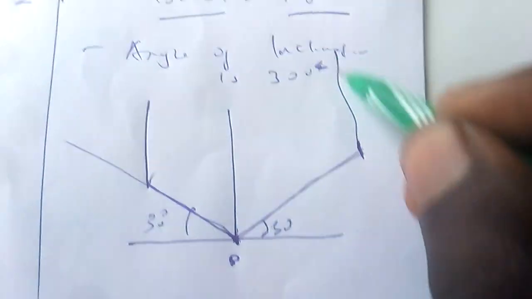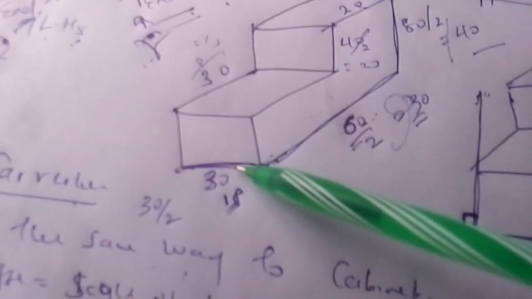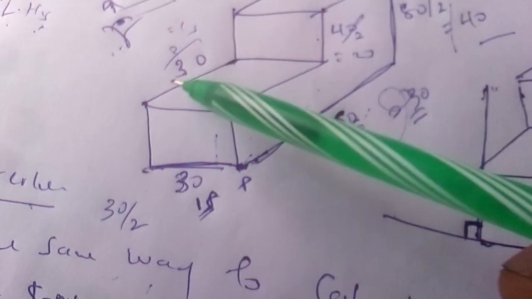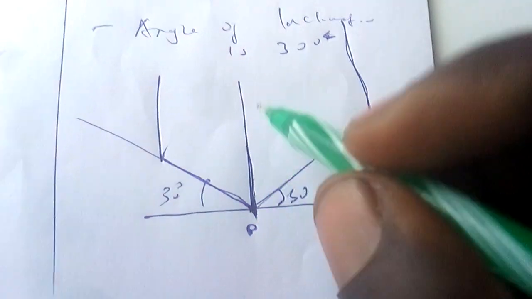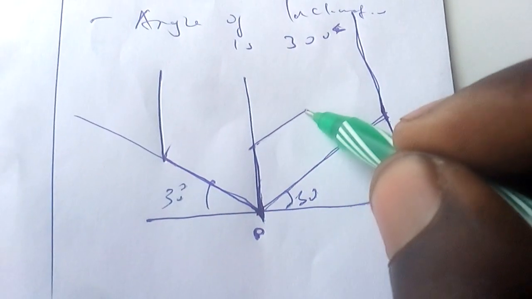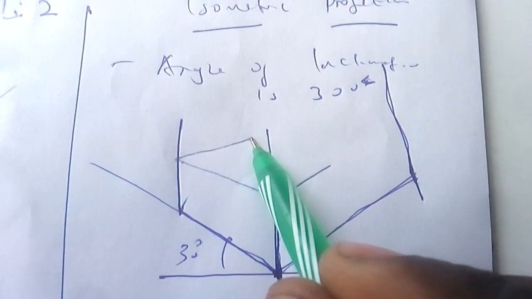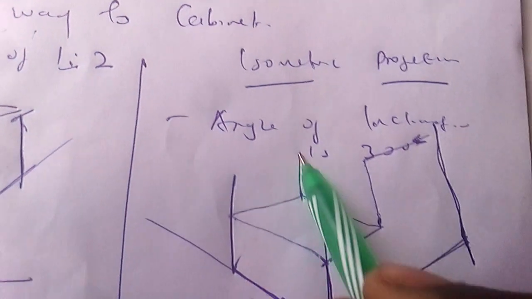Then this was 20 and this was 40, and this was 15 and this was 30. You draw 20, then 40, you go 30. Complete this, then you go up 40, go left, then you complete.